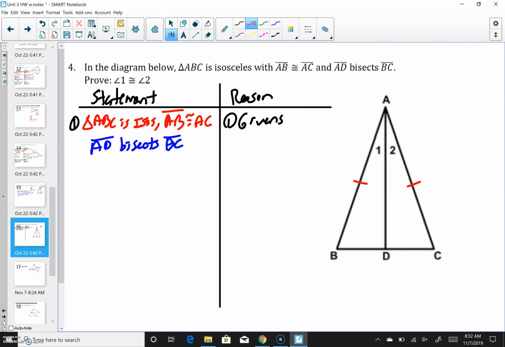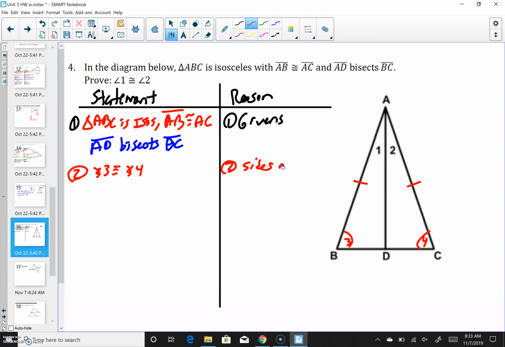If we look at the isosceles piece, you always get two things out of that. You get your two congruent sides, which they gave us. Then you also get your two congruent angles at B and at C. I'll call them 3 and 4 since they used 1 and 2 already. So angle 3 is congruent to angle 4.